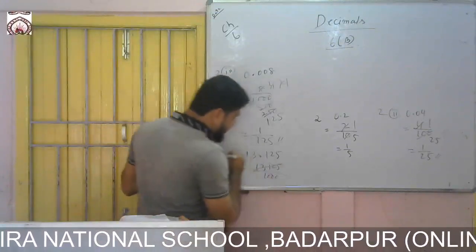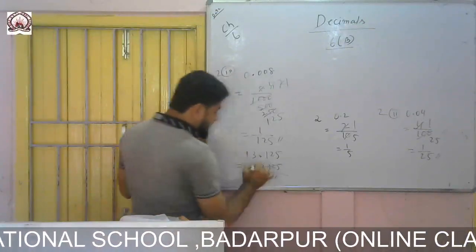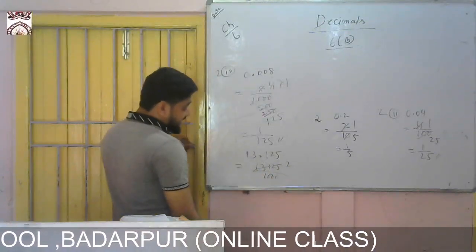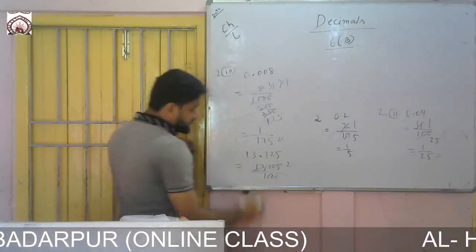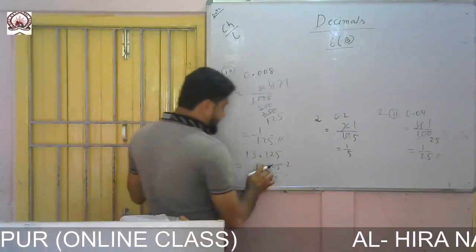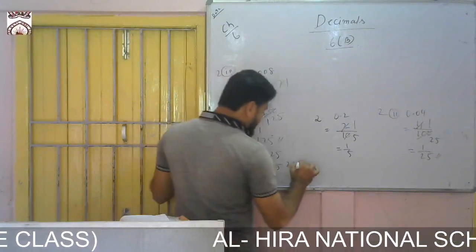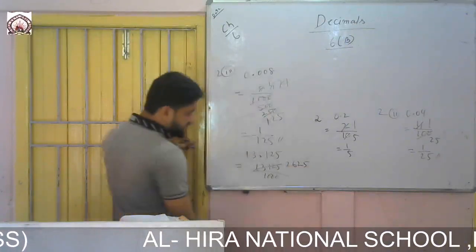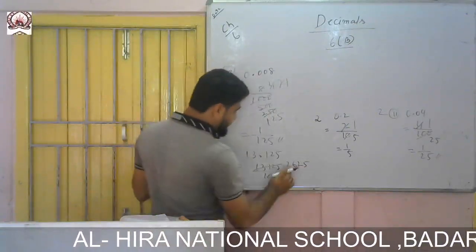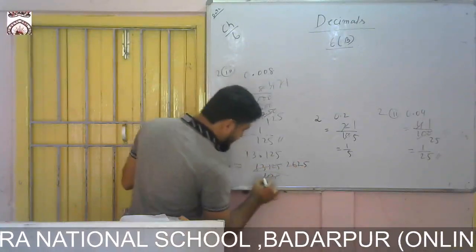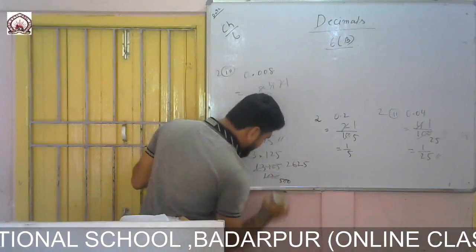Okay. So if you cancel with 5, then 5 2s are 10. Then remain 3. 5 6s are 30. And again 5 2s are 10, 5 5s are 25. 13125. And this one, if you cancel with that, then 5 2s are 10, 500.